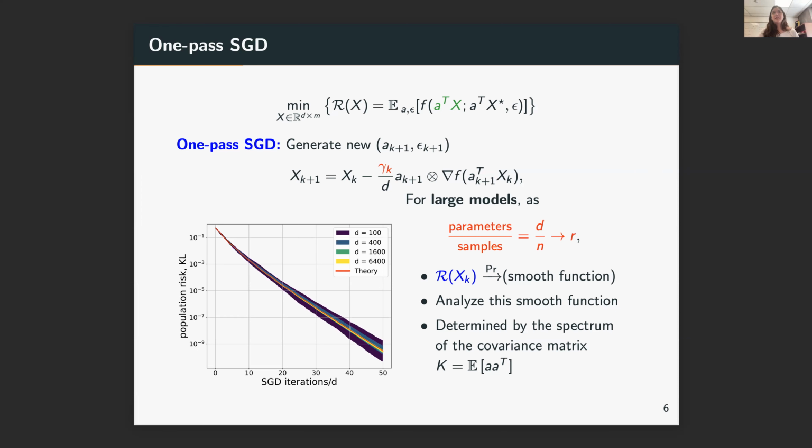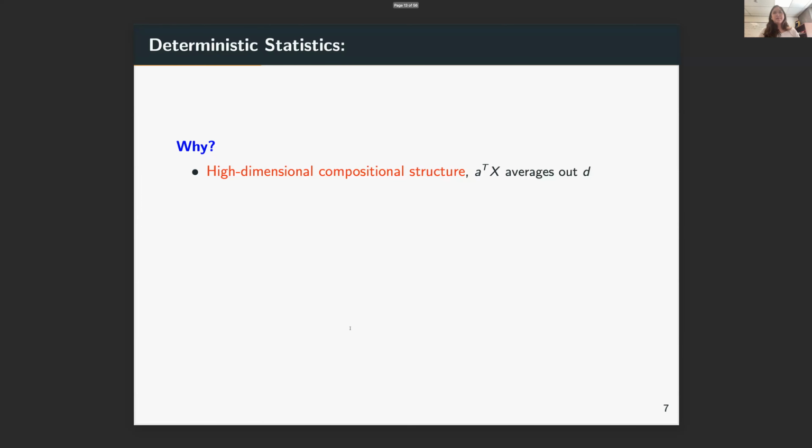So there's a concentration result. Why do we see this concentration, and how can we do this prediction? The first answer to why we see it is that we have this extra averaging effect as a result of taking a high dimensional vector A and hitting it with X. It averages out in D and becomes something low dimensional.